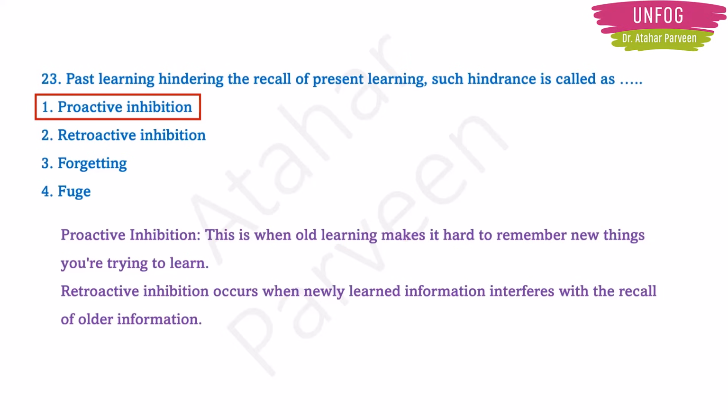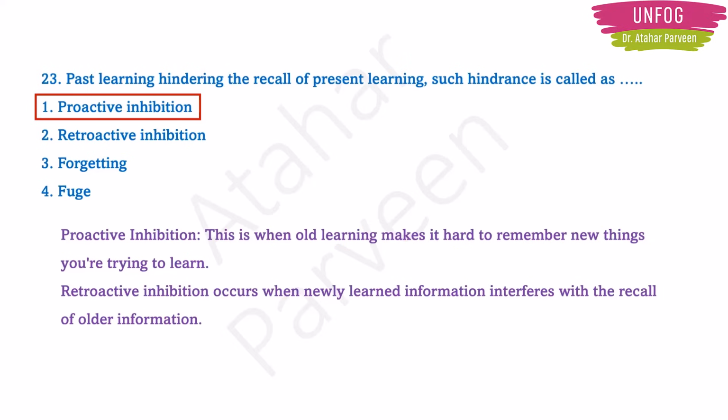That type of hindrance or prevention of learning is known as proactive inhibition. So in proactive inhibition, our old learning is making it tough for us to remember new things when we are trying to learn them.